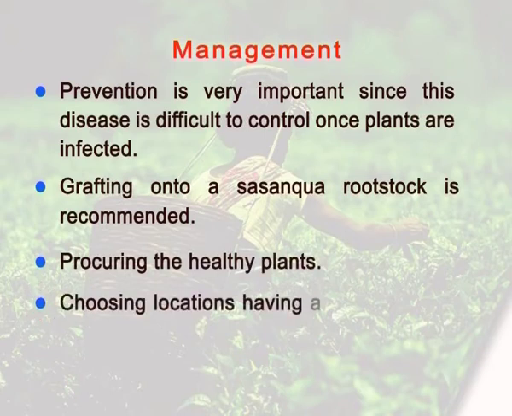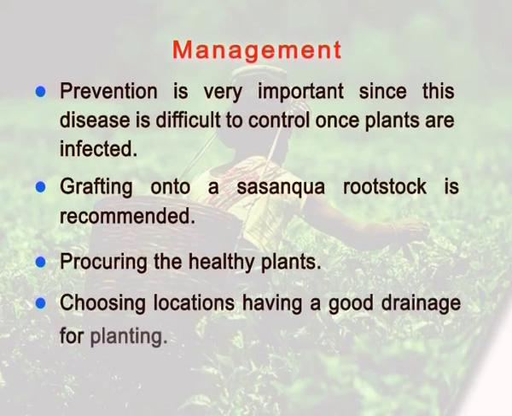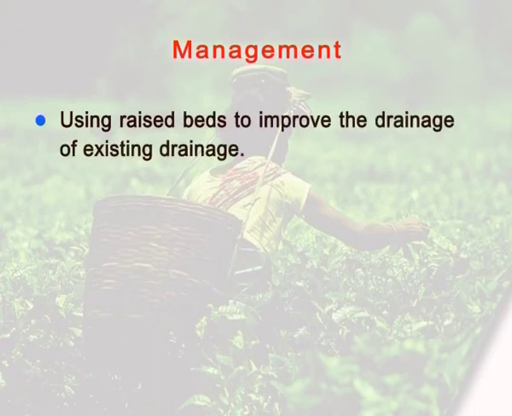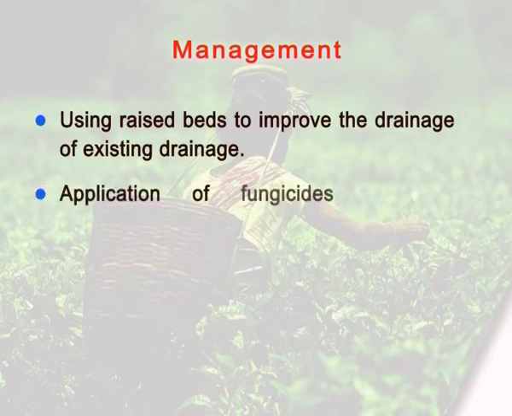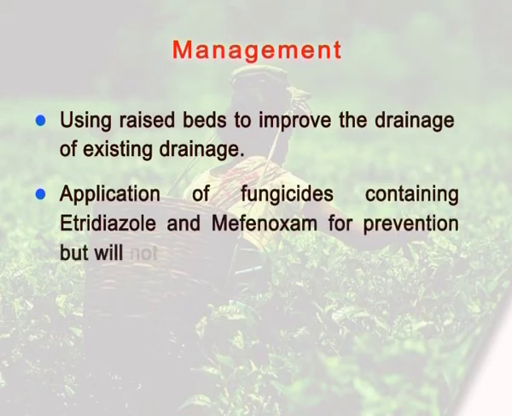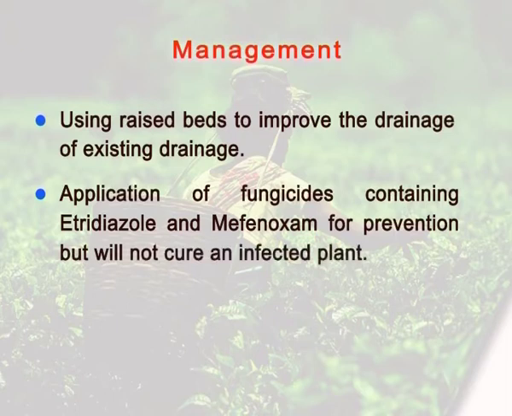Choose locations with good drainage for planting. Use raised beds to improve existing drainage. Apply fungicides containing etridiazole and mefenoxam for prevention, but they will not cure an infected plant.